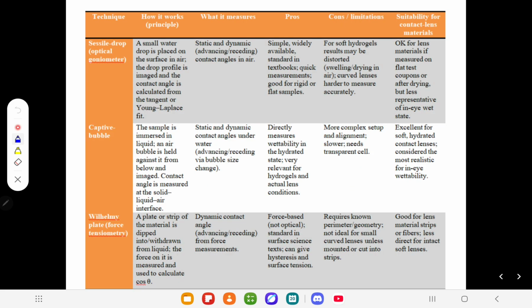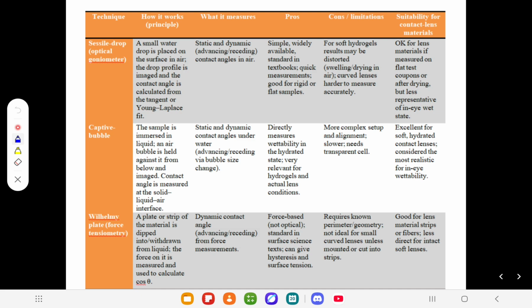As far as I can discuss, there are three main techniques used for surface wettability: the sessile drop method, the captive bubble method, and the Wilhelmy plate method.